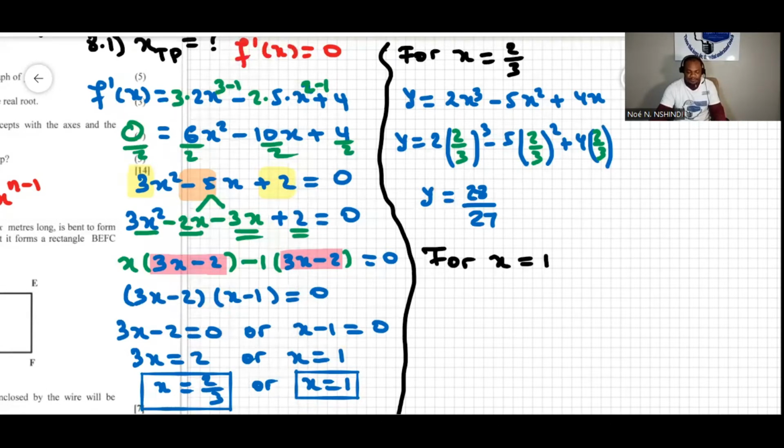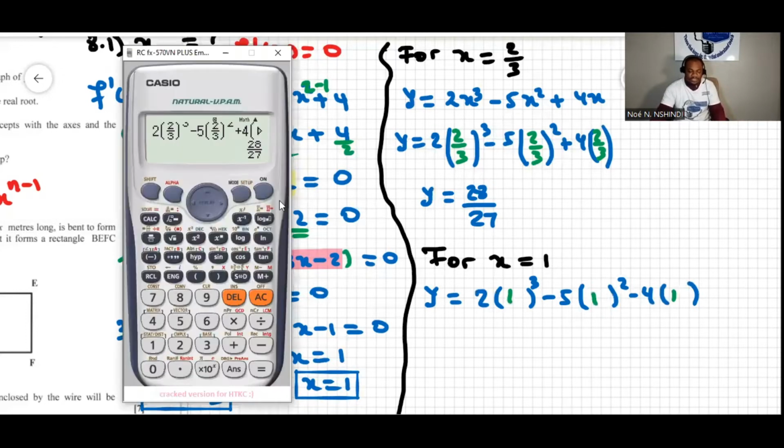Now, for x equal to 1, we're going to sub in the value of x there. X is 1 there. So in the calculator, we can just sub in the value of x. We delete the fraction. X is 1 now, and there also 1.